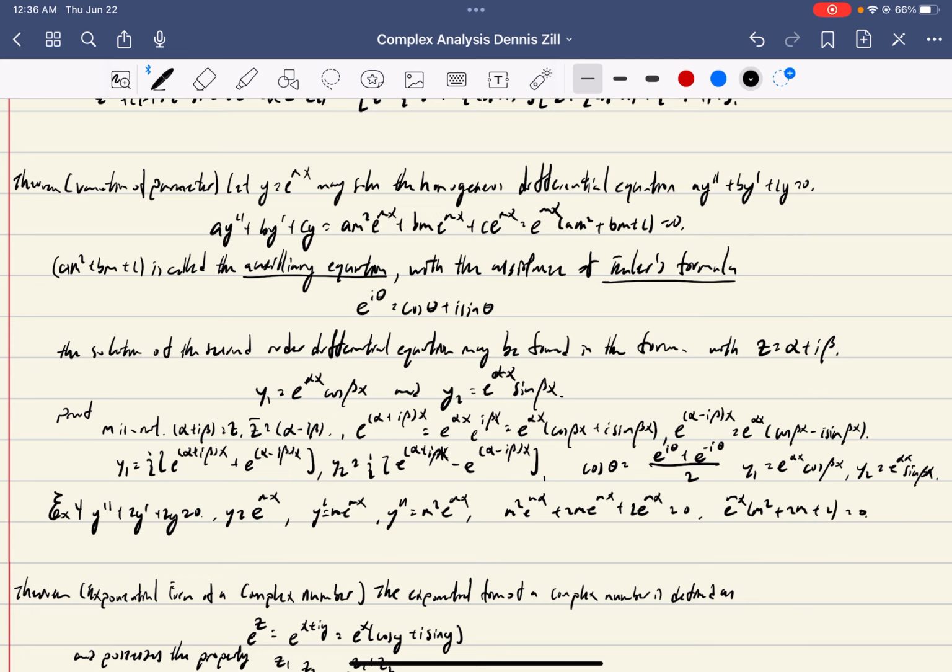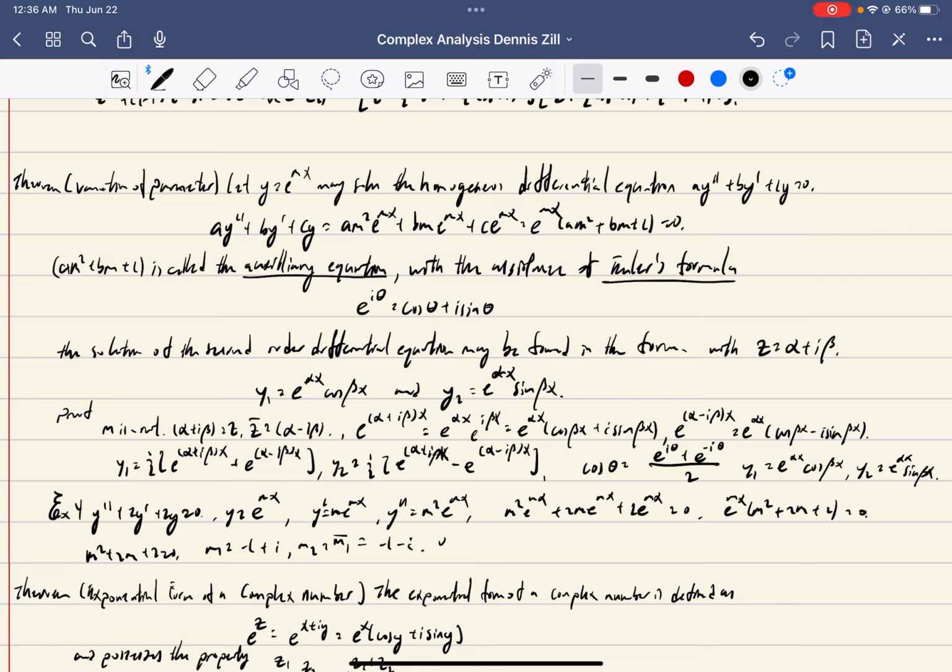Then your m1 by the quadratic formula is negative 1 plus i. Since this is simple, you don't really have to do all of the argument in polar form. Then your m2 is equal to m1 conjugate, that is negative 1 minus i, right?